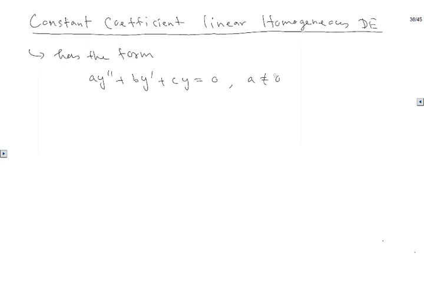That's the first thing, because here we focus on the second order, so we assume that a is not equal to 0, and also a, b and c are constants. So that is the equation we're going to focus on first.